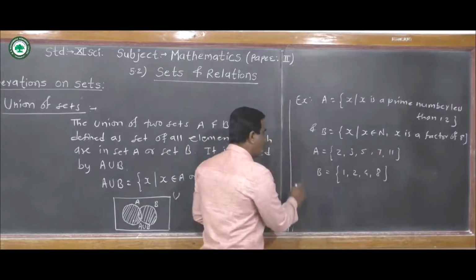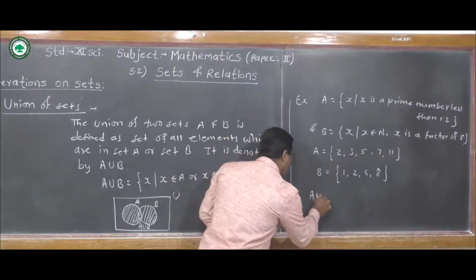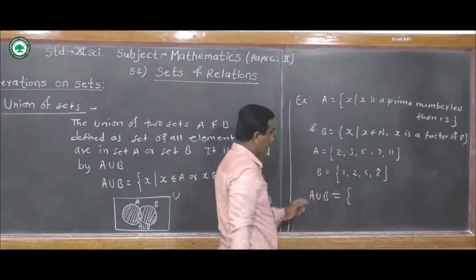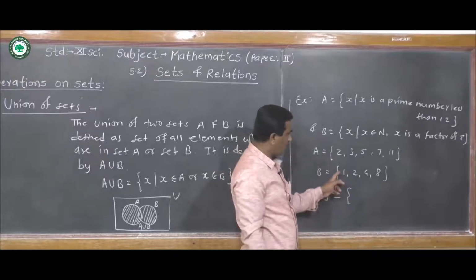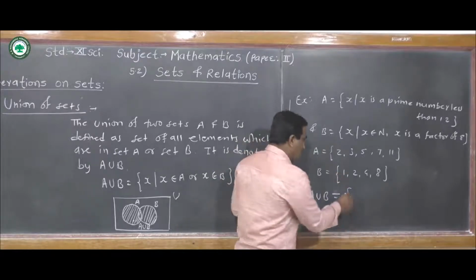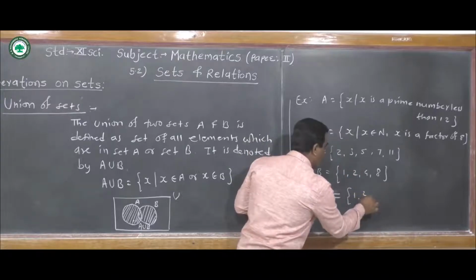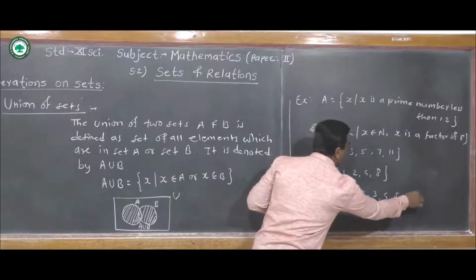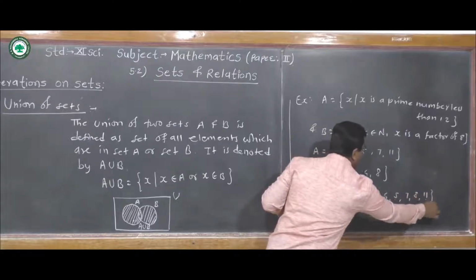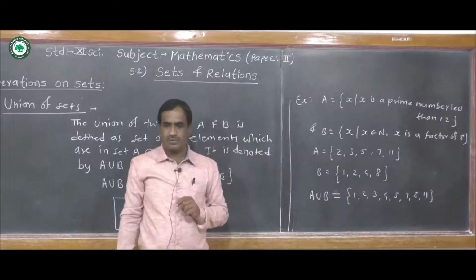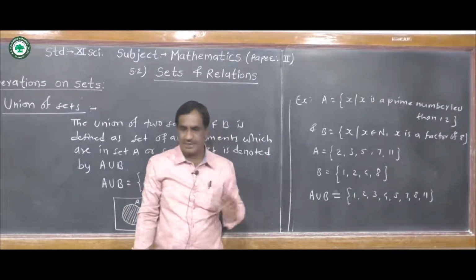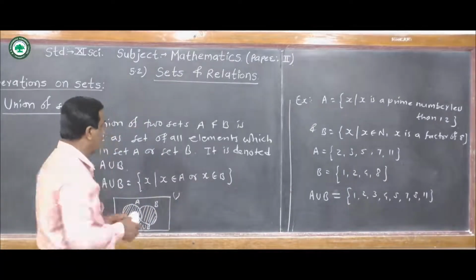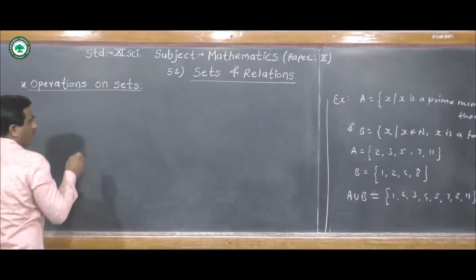Okay, now we can write union of these two sets, A union B, equal to, in curly bracket, elements which belong to set A or set B: 1, 2, 3, 4, 5, 7, 8 and 11. This is the union of two sets, set A and B. Okay, now we see properties of union.